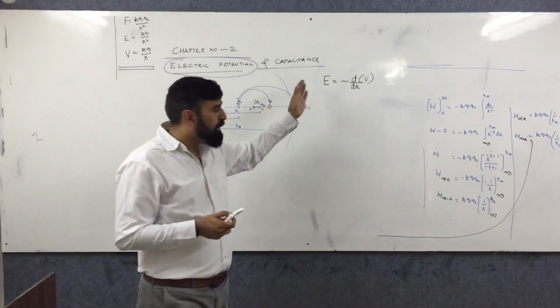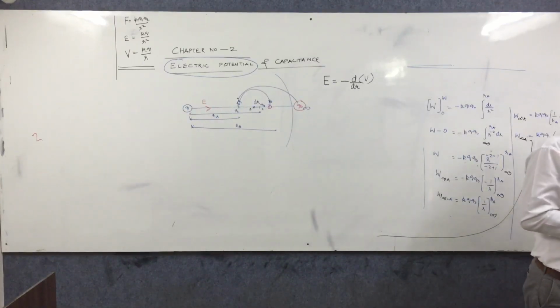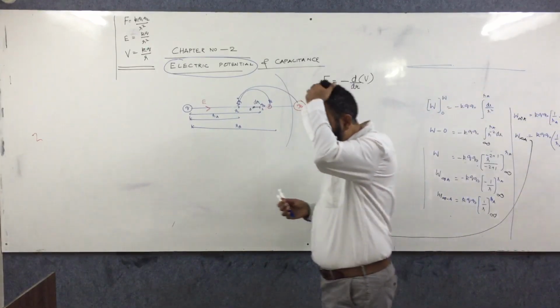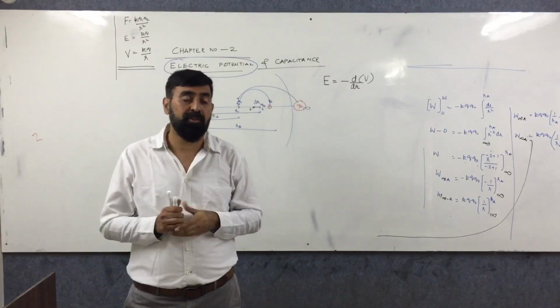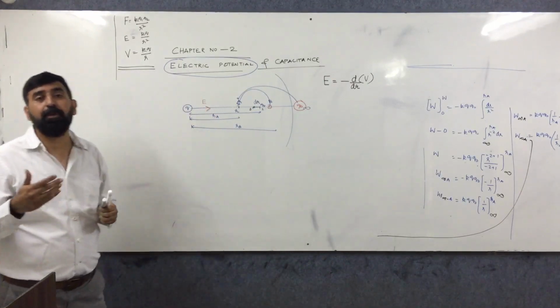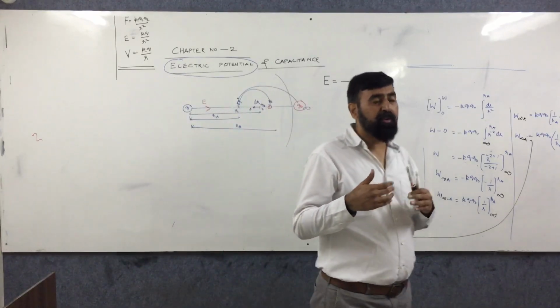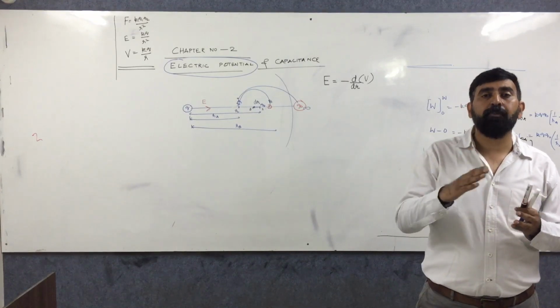When I write this expression, it should click to your mind. We did a topic in class 11, work, energy and power, in which we did conservative forces, isn't it? What are the properties of conservative forces? The work done by the conservative force does not depend upon the path.